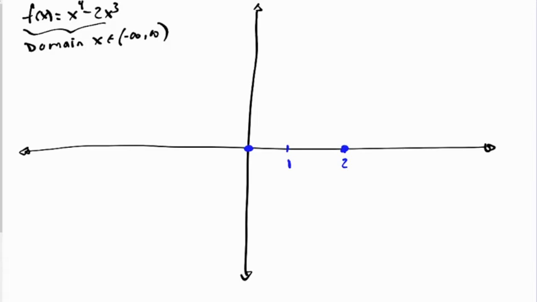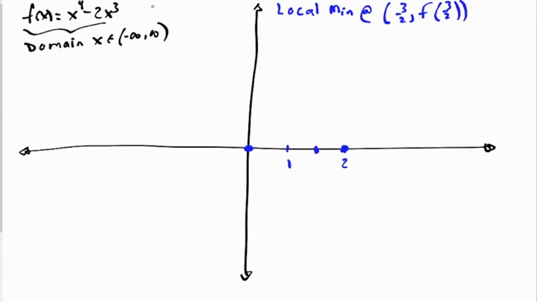We found that the function was decreasing from negative infinity until we got to 3/2, and then it started increasing. So 3/2 is at 1.5. And we determined that there was a local minimum at the ordered pair (3/2, f(3/2)).